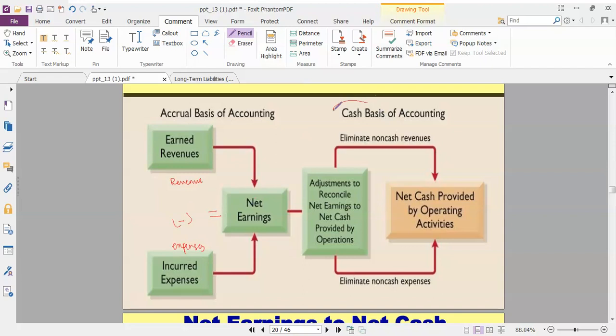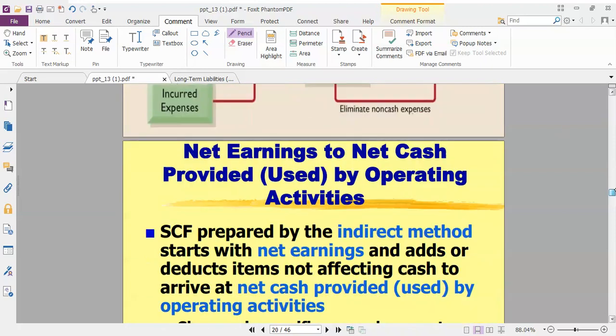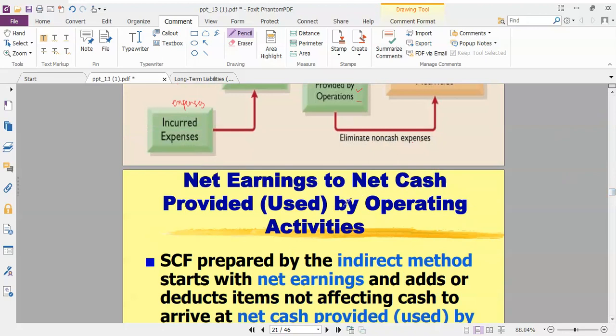But under the cash basis, we eliminate non-cash revenue. Okay. Adjustment to reconcile net earnings to net cash provided by operations. Okay. So eliminate the non-cash so that we will get the net cash provided by operating activities. Okay. So net earnings to net cash provided by operating activities. Statement of cash flow, right?